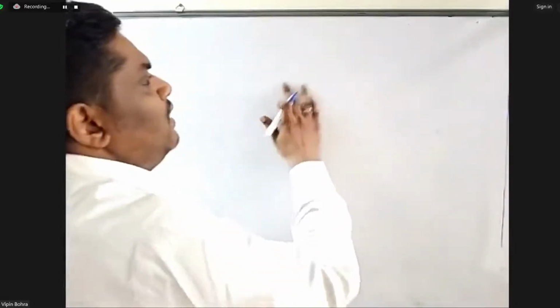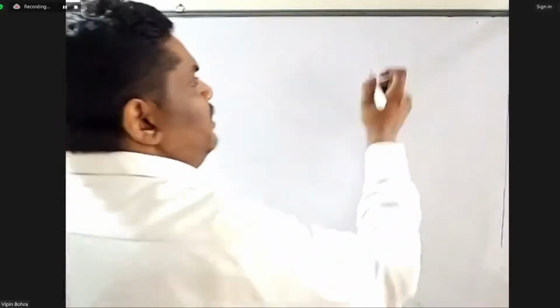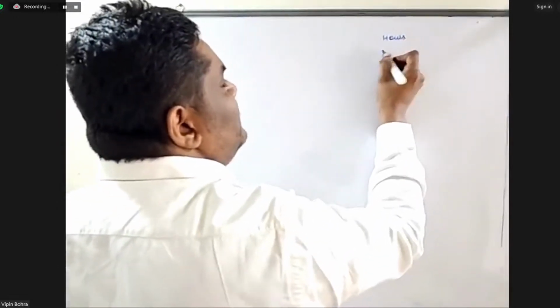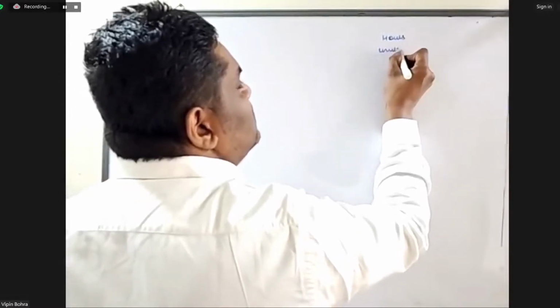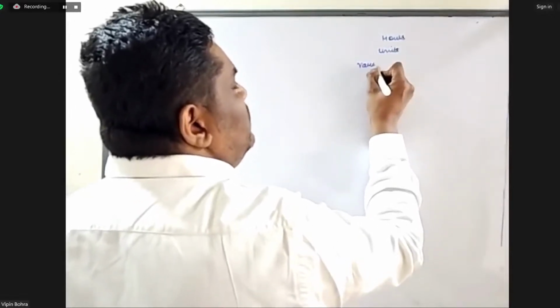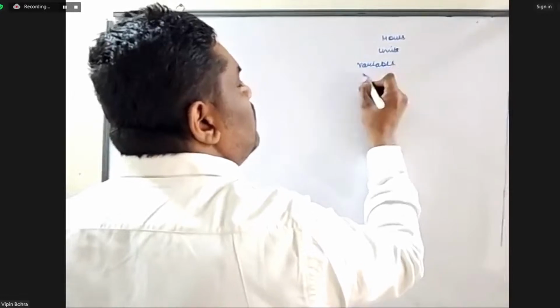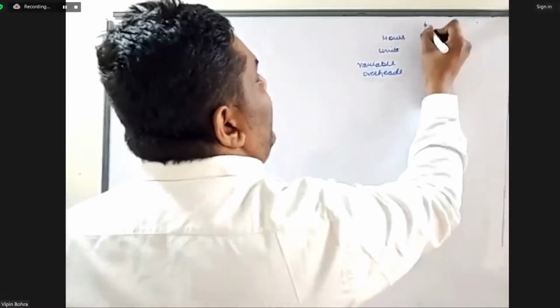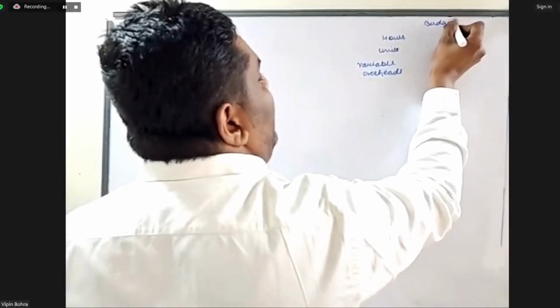Now let's start with variable overhead. Again, very important, guys. Variable overhead variances. This information will always be given in the question: hours, units, and variable overheads, and budgeted and actual data.